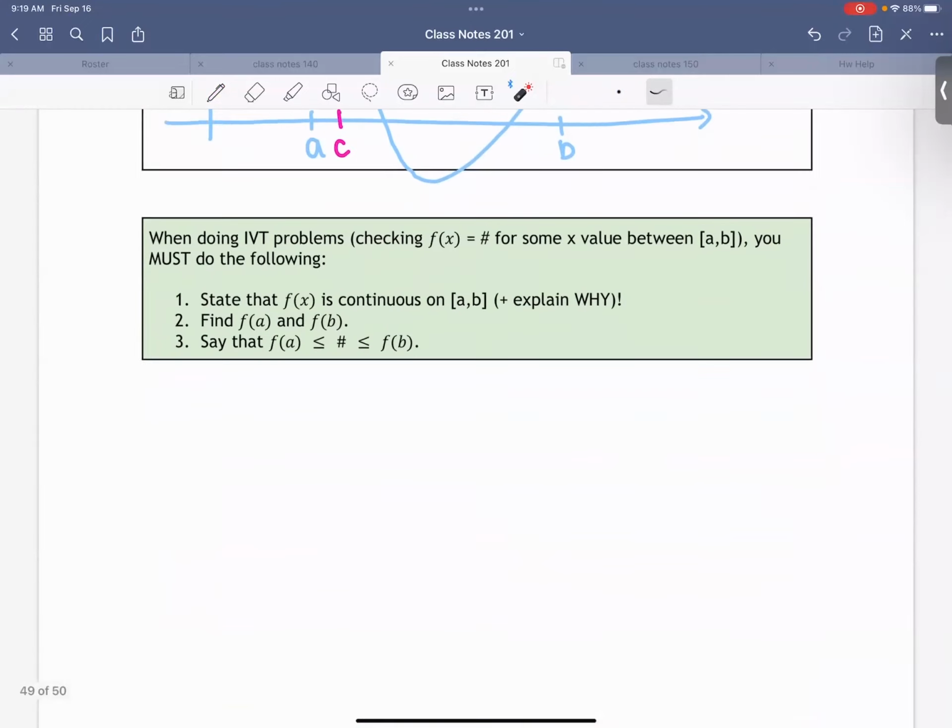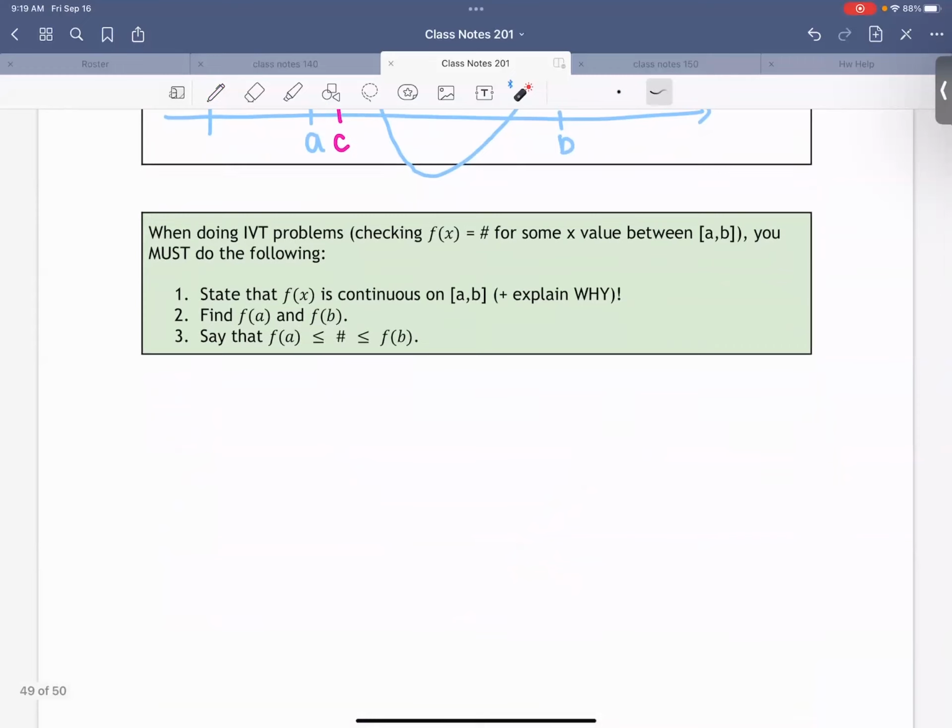When we do intermediate value theorems, which is basically checking to see if our function takes on a value n for something between a and b, we have to do a couple things. The first thing we want to do is state that f(x) is continuous. We have to explain why it's continuous if it's not stated already.